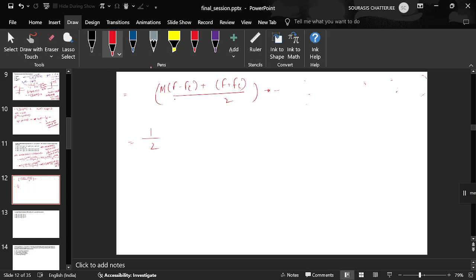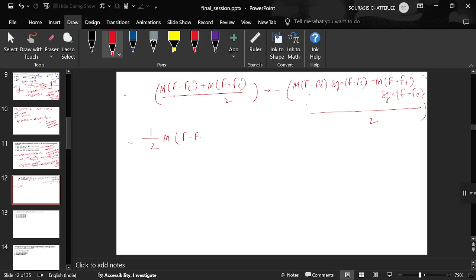It is M f minus fc sin f minus fc plus M f plus fc, should be minus here, sin f plus fc, divided by 2.